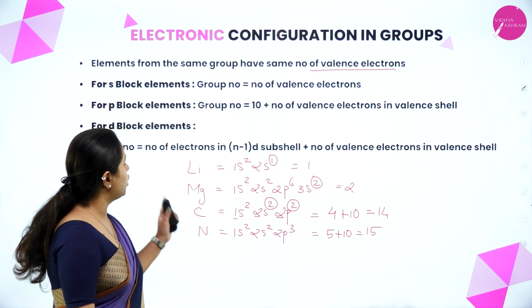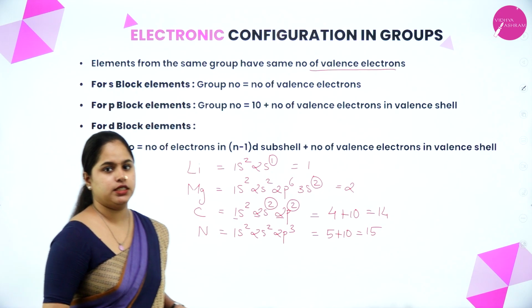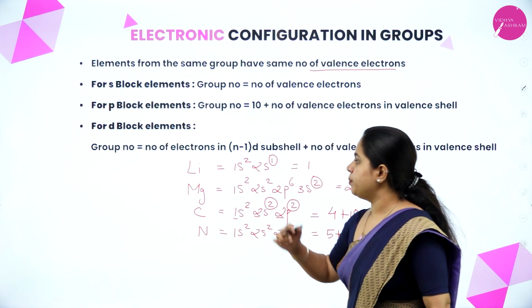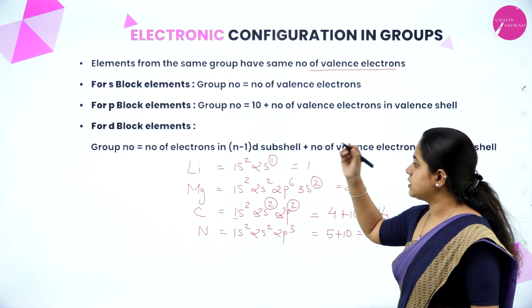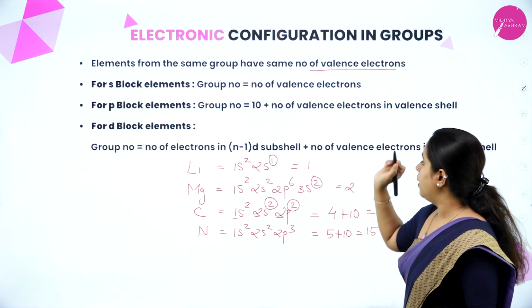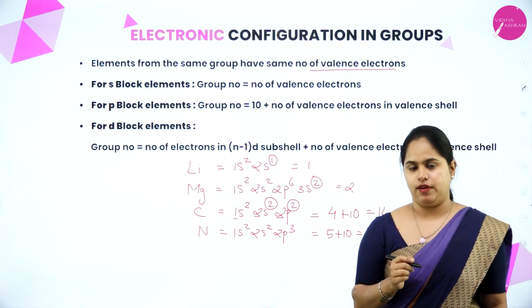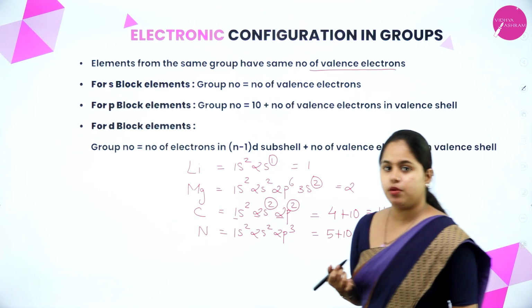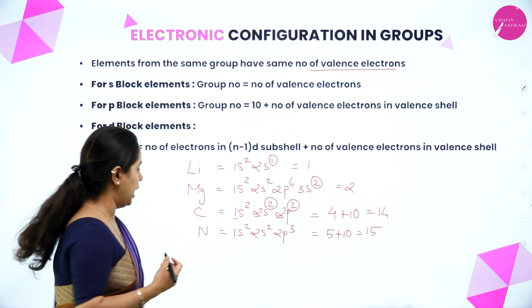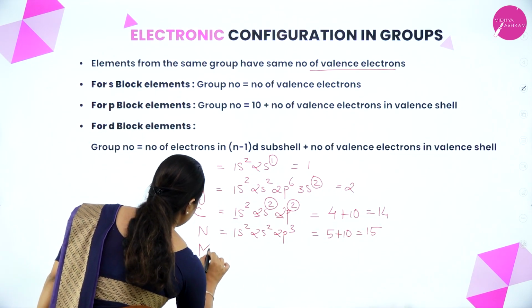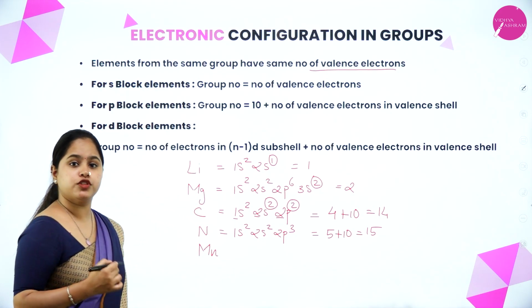Clear? Now, moving on to D block elements, how can you find it? For D block elements, the group number will be equal to the number of electrons in the (n-1) d subshell plus the number of valence electrons in the valence shell. Let us take an example from the D block, manganese. Manganese has an atomic number of 25.